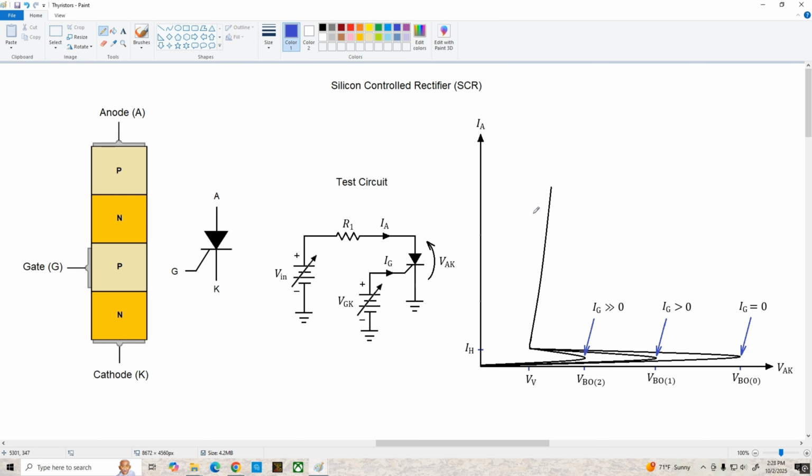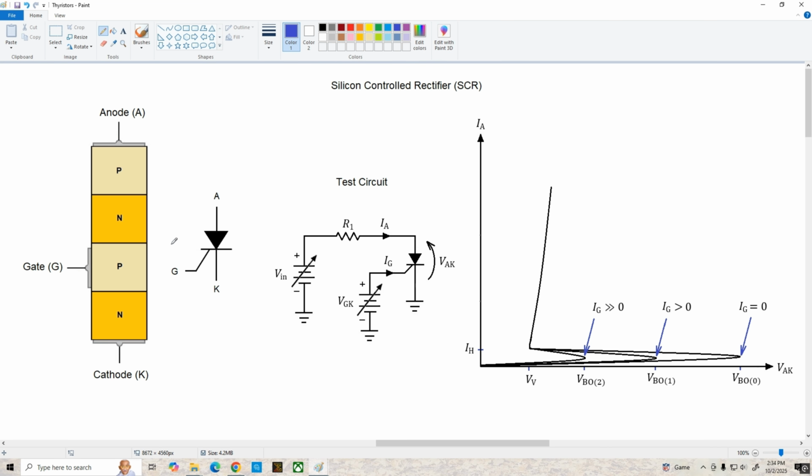If we decrease the anode current below the holding current, the SCR is going to snap back into its high impedance state, and we can start over again. This time Vin is set to 0, and we'd increase VGK to give us some gate current. Then as we increase Vin, we're going to find breakover occurs sooner, and again we can repeat this process with a little bit more gate current injected, and we get an even lower breakover voltage.